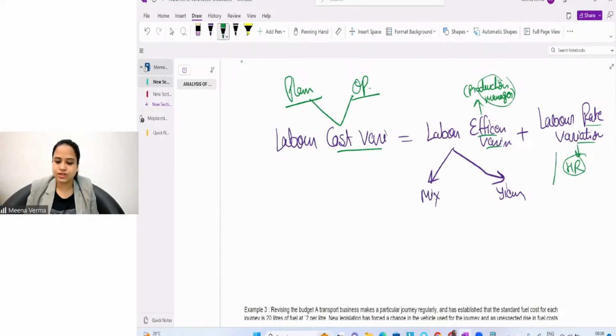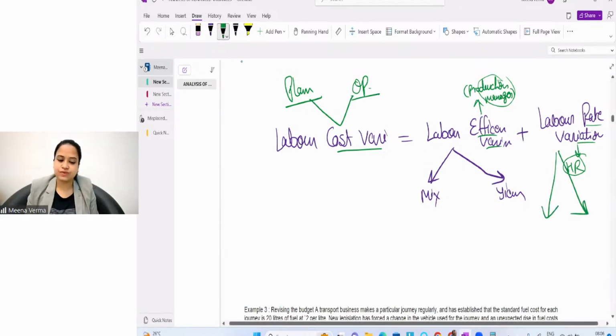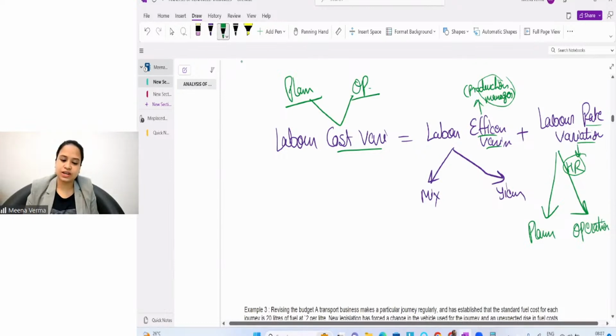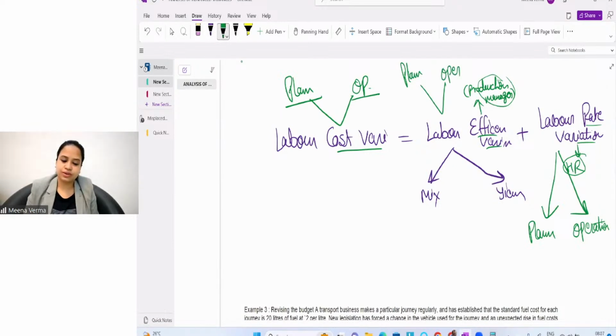Here also we will study these two variations, right? Labor rate variations, we will study this variation arising because of fault in planning and fault in operation. Then we will study this variation arising because of the fault in planning and fault in operation.